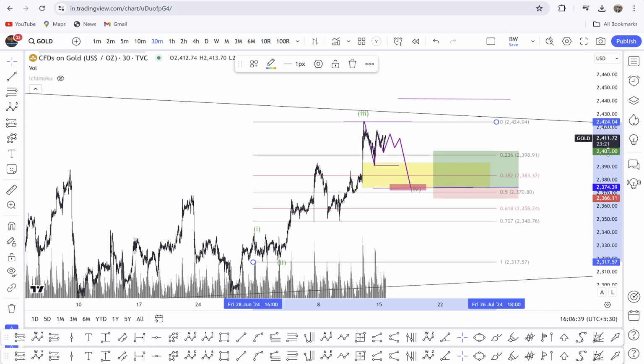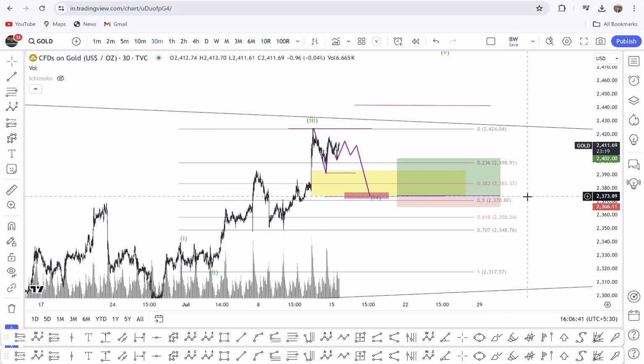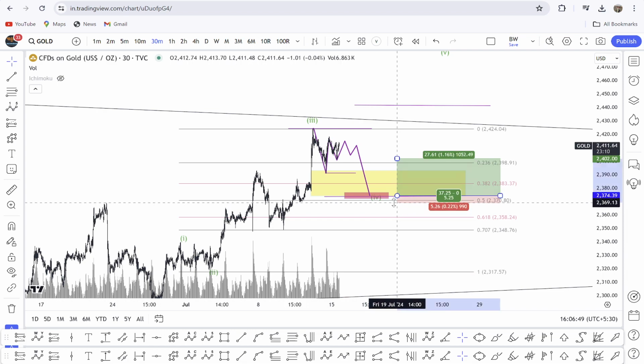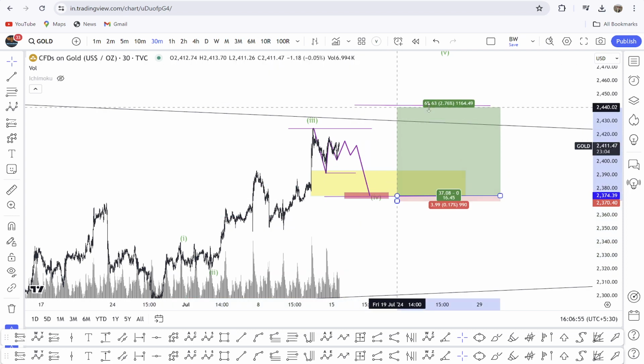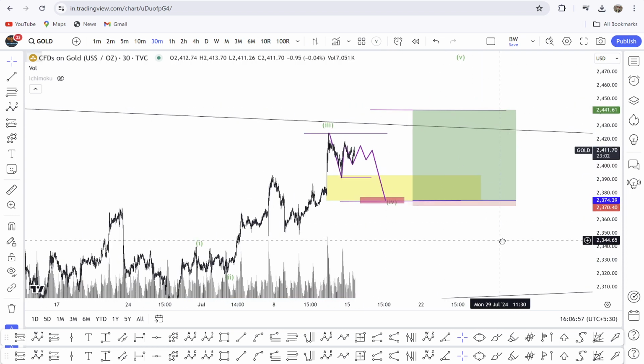You enter here at 2375, then your SL is below 2370, and your target will be 2440.